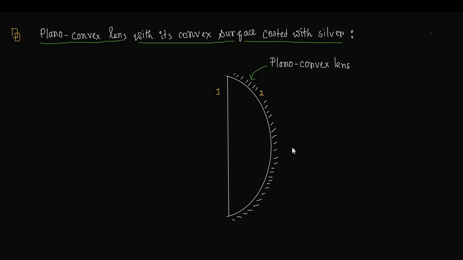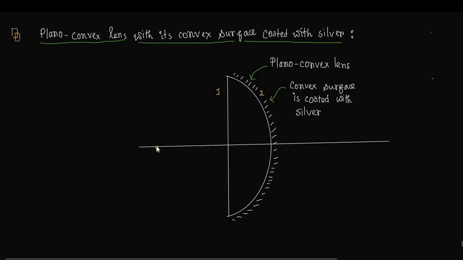There should be silvering of the convex surface of the plano-convex lens.